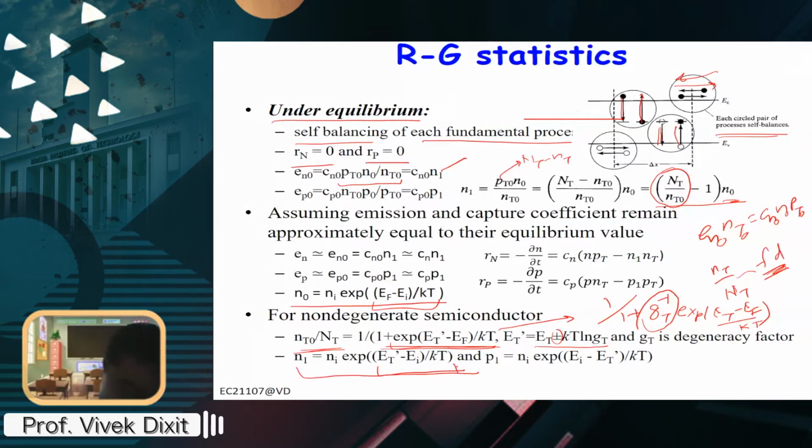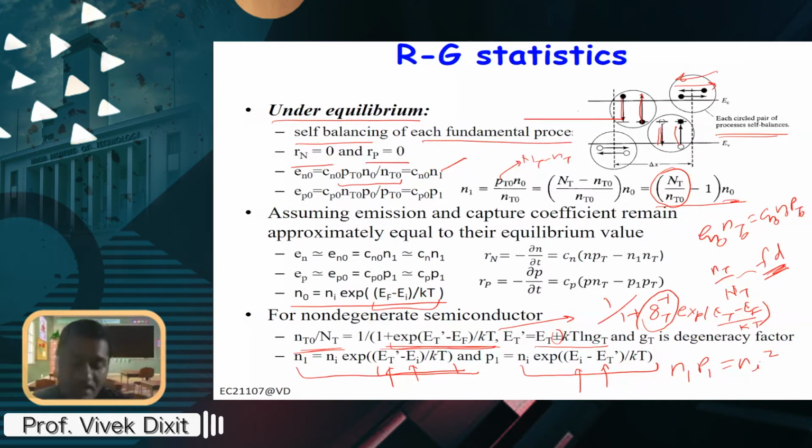Now N1 is just a constant, which depends on the trap level and the intrinsic energy level. Similarly, P1 is also a constant, which depends on intrinsic level and the trap level. Now, if you multiply these two, what will you get? ET minus EI and EI minus ET, they will cancel. So you will get very simple relationship. N1 P1 is Ni square.